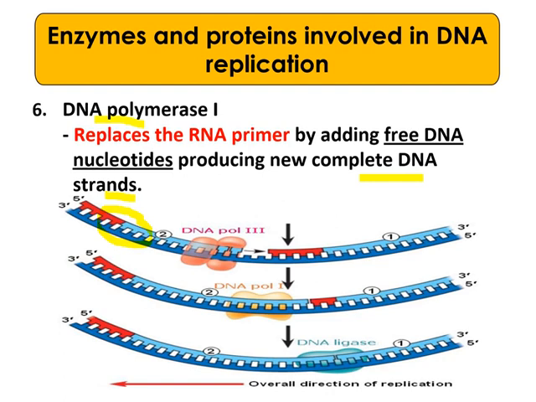The primer comes from RNA nucleotides. In the process of DNA replication, to make the new complete DNA strand, we need to remove the RNA primer. So by using DNA polymerase 1, it will replace the RNA primer.